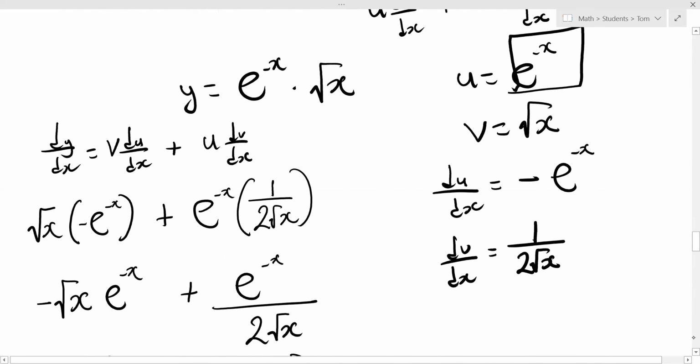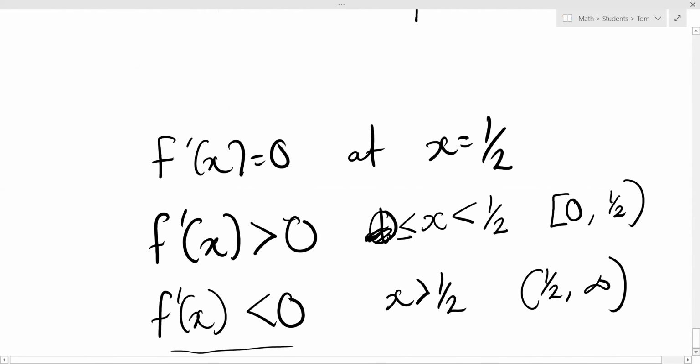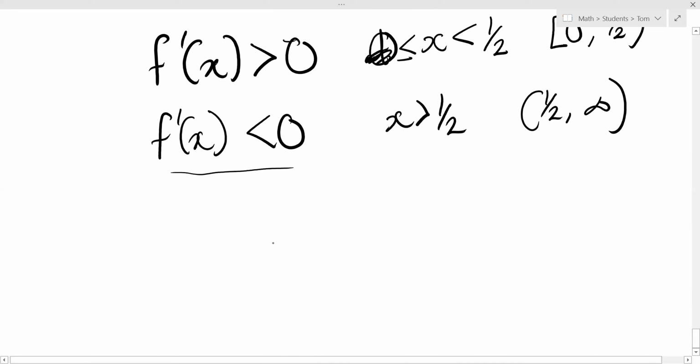The local maximum here will be where x is equal to half, and the minimum value is where x is equal to 0.